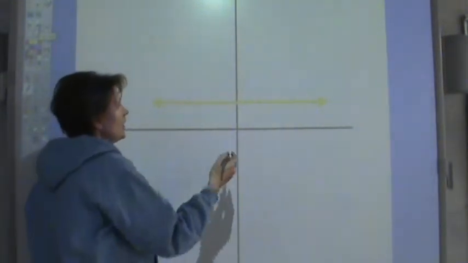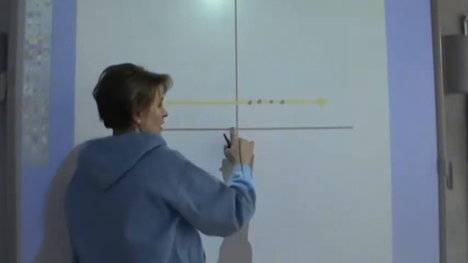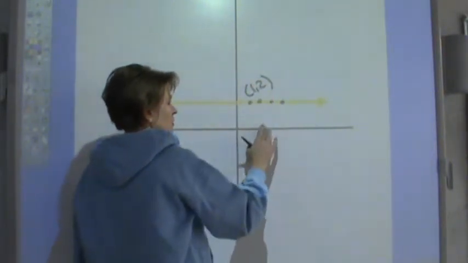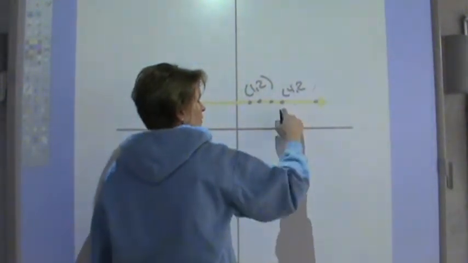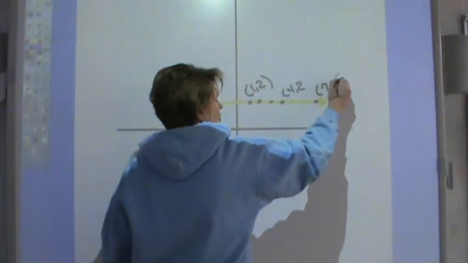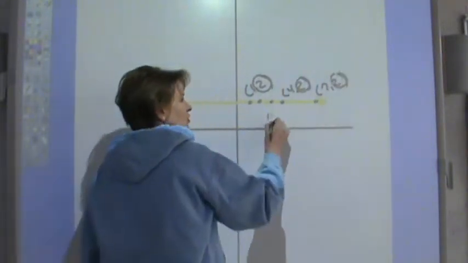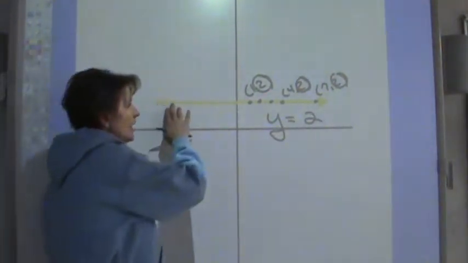Now, another way to look at this is if you think of some points on this line. This would be 1, 2, this would be 3, 2, let's say 4, 2, 5, 6, 7, 2. You notice all of your y's are 2. It's a horizontal line.